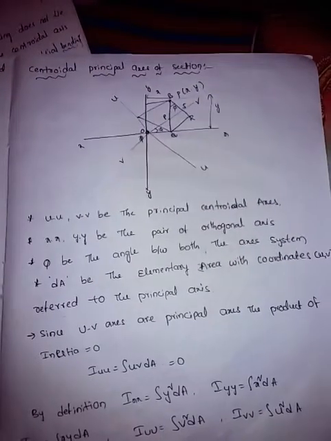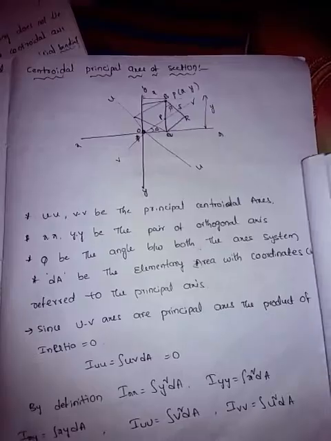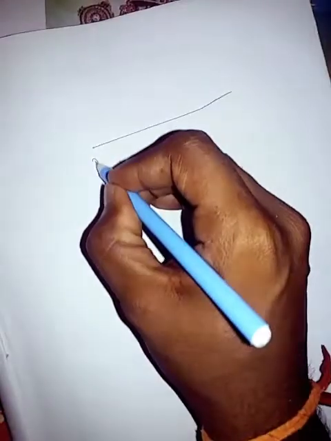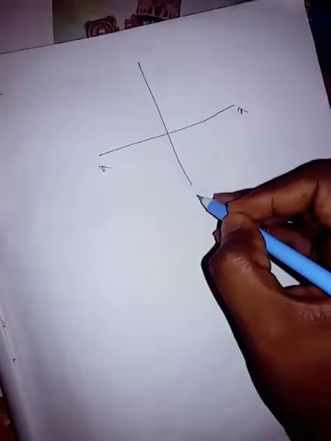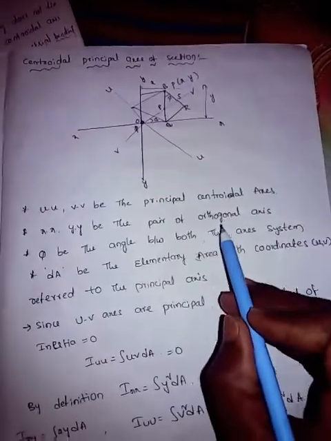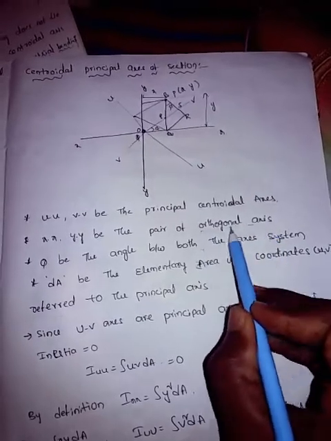Next we find out the symmetrical principal axis of the section. We take one xx line and another yy line. xx and yy be the pair of orthogonal axes.